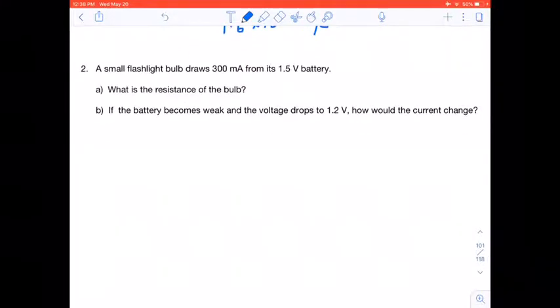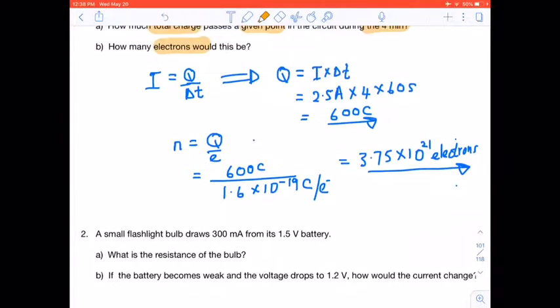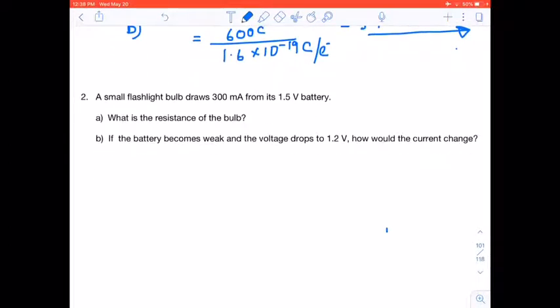Right, now let's look at a small flashlight bulb that draws 300 milliamps from its battery. Okay, so we're looking at, let's just go back here. So this here would be A, and that would be B. Right, now we look at a flashlight bulb.